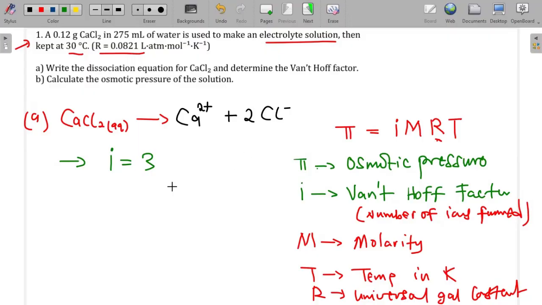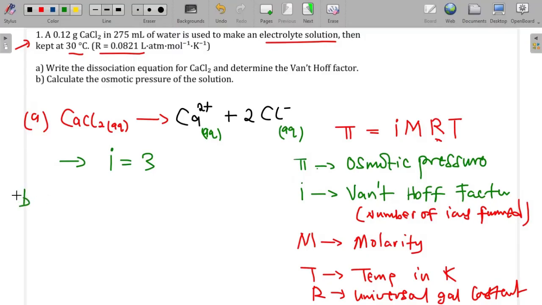So the Van't Hoff factor is 3, and that is the dissociation equation I've written. You can also write the state symbols to avoid losing marks. And the Van't Hoff factor equals 3 because there's 1 of this and 2 of that, so I add them to get the total.